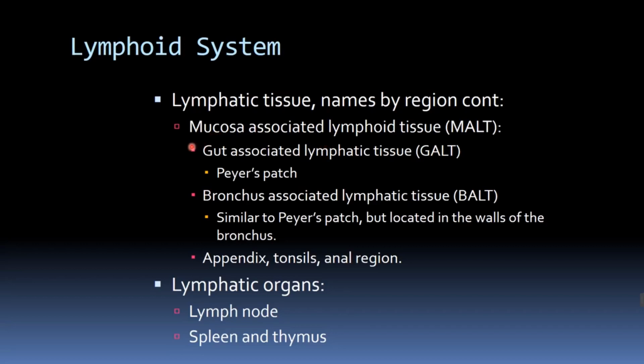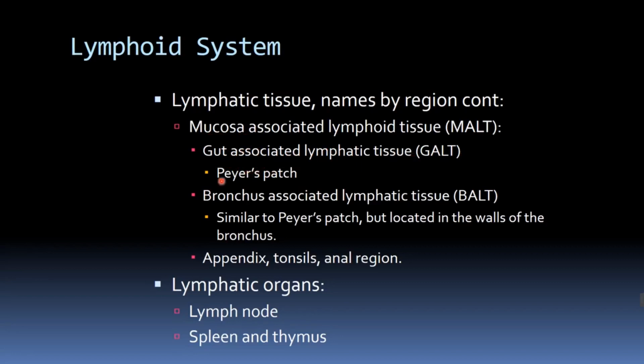And if it's associated with those, we give it a specific name. We call it MALT, mucosa-associated lymphoid tissue. So we have a lot of T cells and B cells hovering around a specific area. And if it's associated with a specific region within the mucosa, for example your gut, we call it GALT, which stands for gut-associated lymphatic tissue.